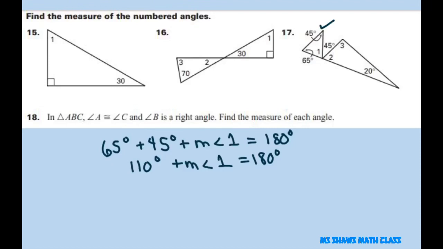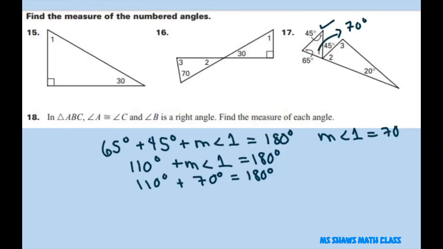Subtract 110 from 180, or you can just do this in your head. Let's do it in our head. We know this is 70. So basically, the measure of angle 1 equals 70 degrees. All right, so this is 70.